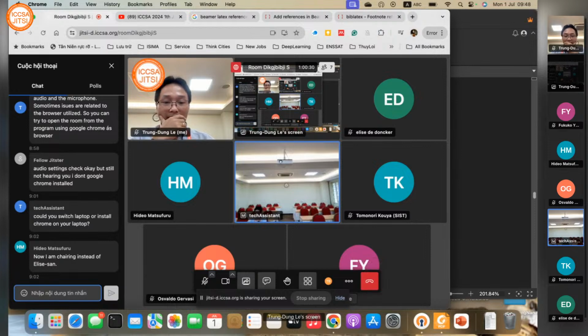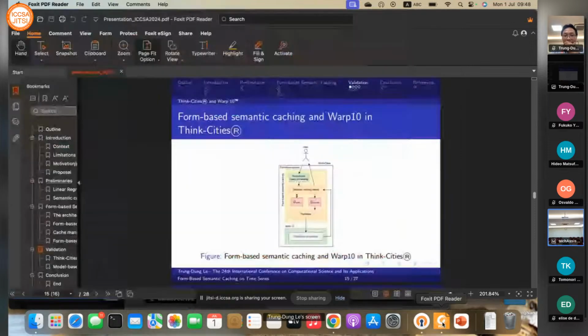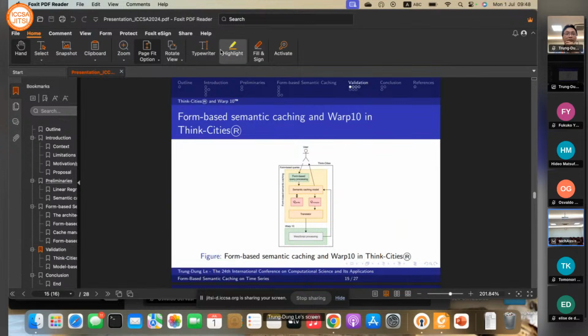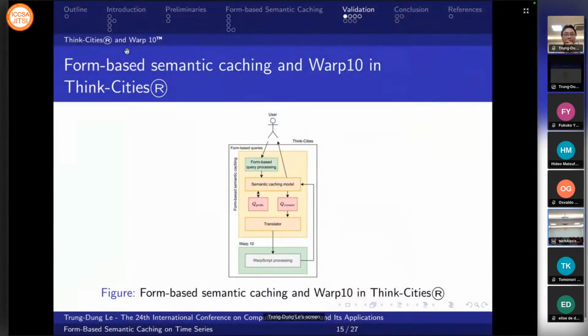I will show you my system. First, we apply our method in the StreamCity project with the time series database management system WAP10.